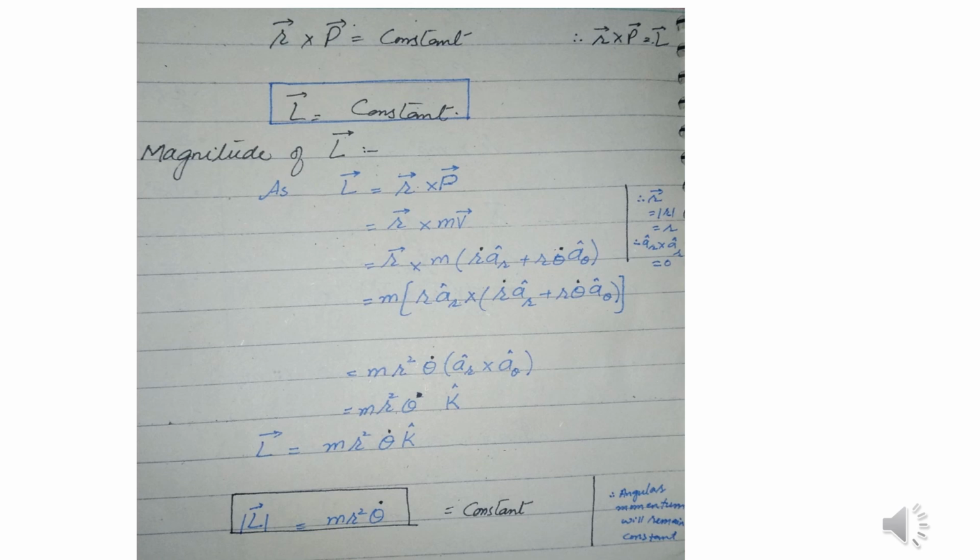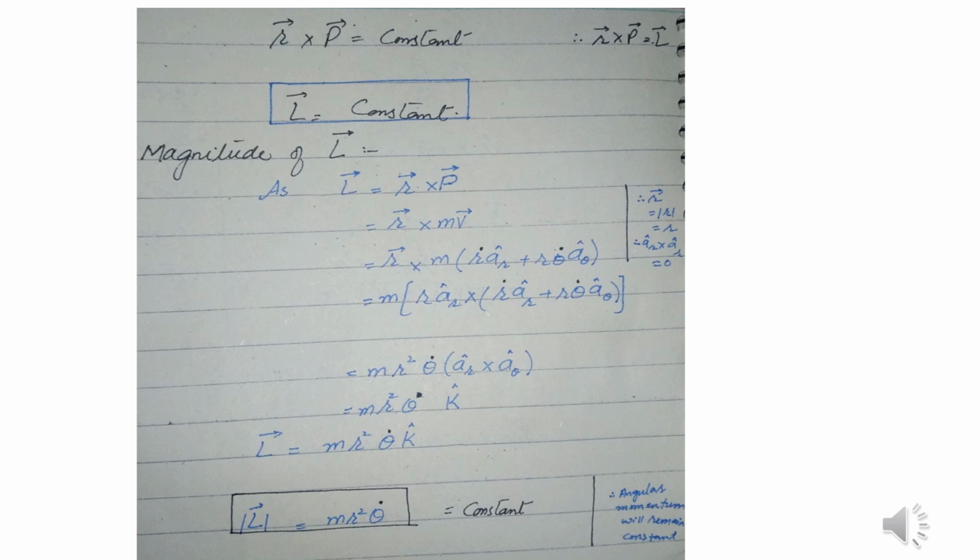Now taking the cross product with both values, we know that the cross product between two same vectors is 0. Here, the product a_r unit vector cross a_r unit vector is equal to 0. So the first term in that equation will be equal to 0, and the second term will remain.